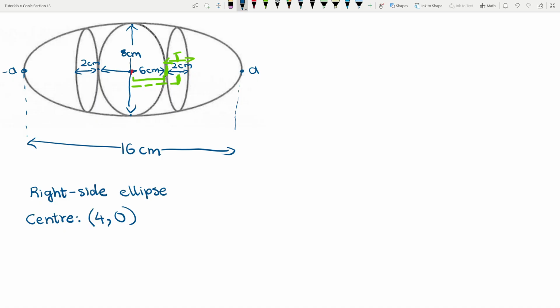We cannot know it because if you draw a straight line, there's a little bit of a gap in here, and we do not know this point. So we only know the minor axis, which is 2b. So we know 2b equals 8. No, sorry. 2b equals 2 and b equals 1. So with the information we have right now, this is what we have.